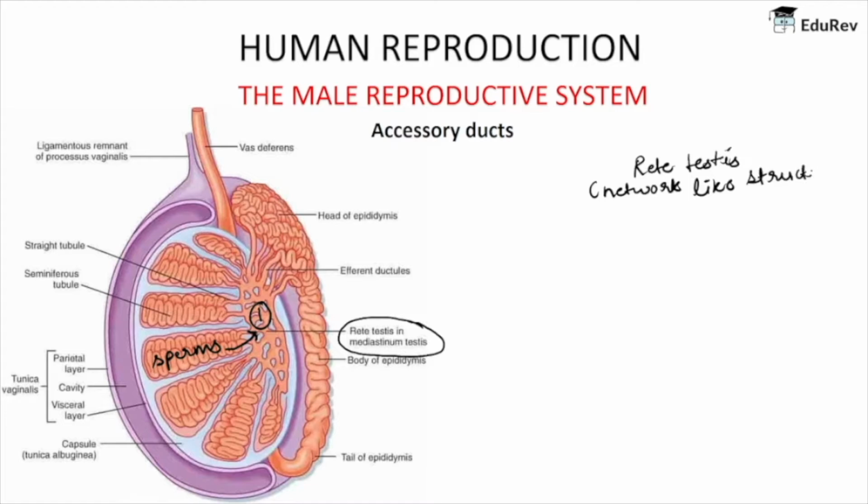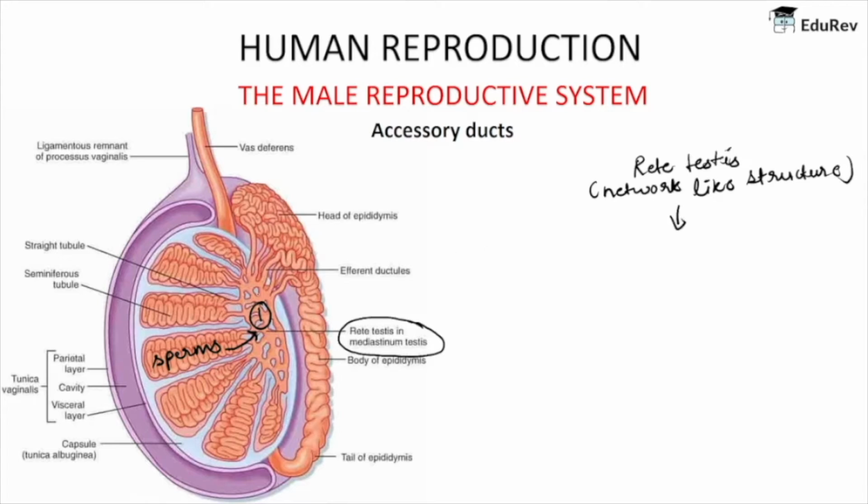After the rete testis, the sperm has to move further to the next duct. It moves to the opening of the rete testis, which opens into the efferent ductules, as you will see in this image also.